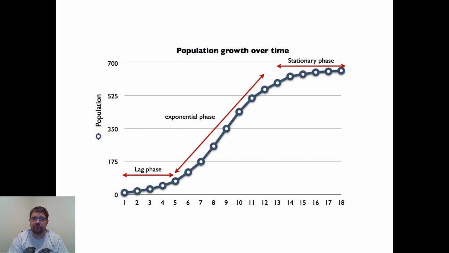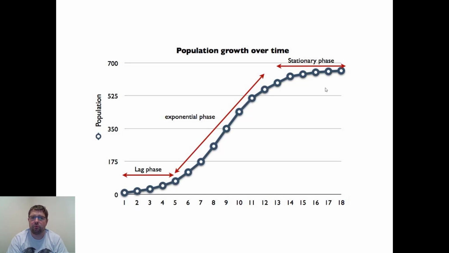If you remember from the population dynamics discussion and lecture, we talked about this lag phase, or period of very slow growth, moving into an exponential phase where you have very rapid growth, all the way to a point where, here, it's maximum sustainable yield, or the highest growth rate, to the point where the population is reaching K, or the carrying capacity, and starts to enter the stationary phase. Okay? So hopefully you remember that.